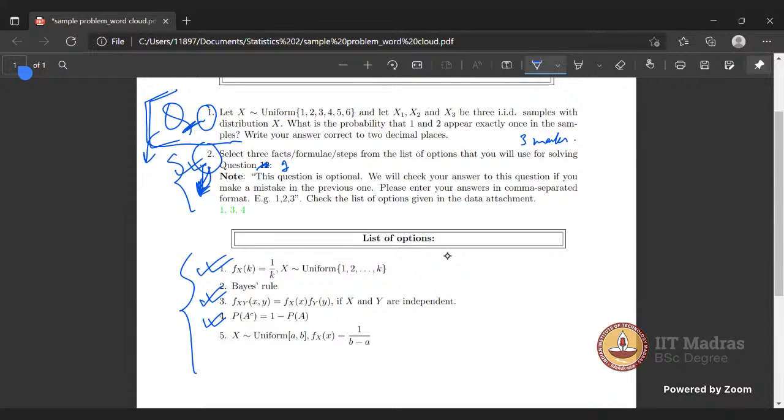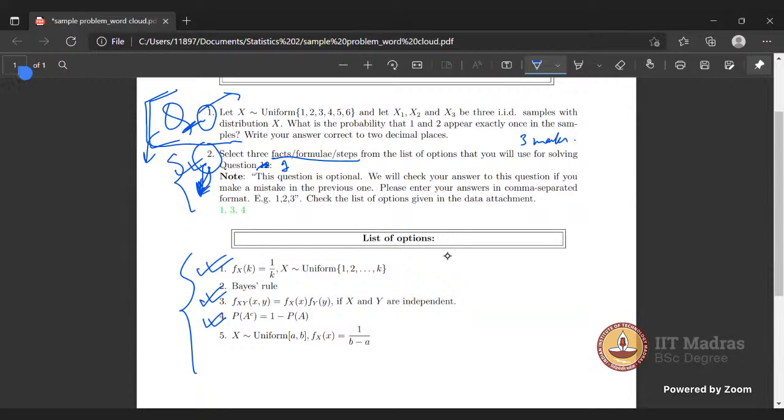Here I have put 5 options, but you will have a list of, let's say, 20 to 25 options. From there you will have to select the facts, formulas or steps that you will be using to solve the previous problem. In this case, it is question number 1.